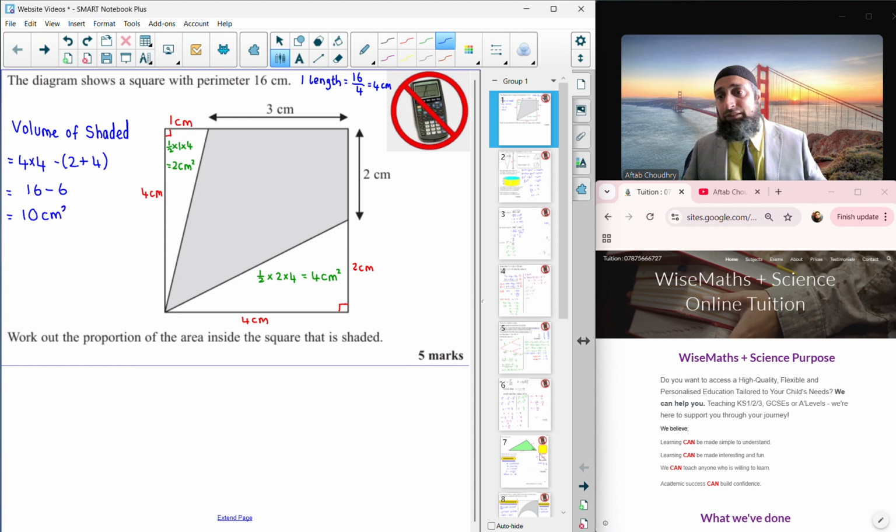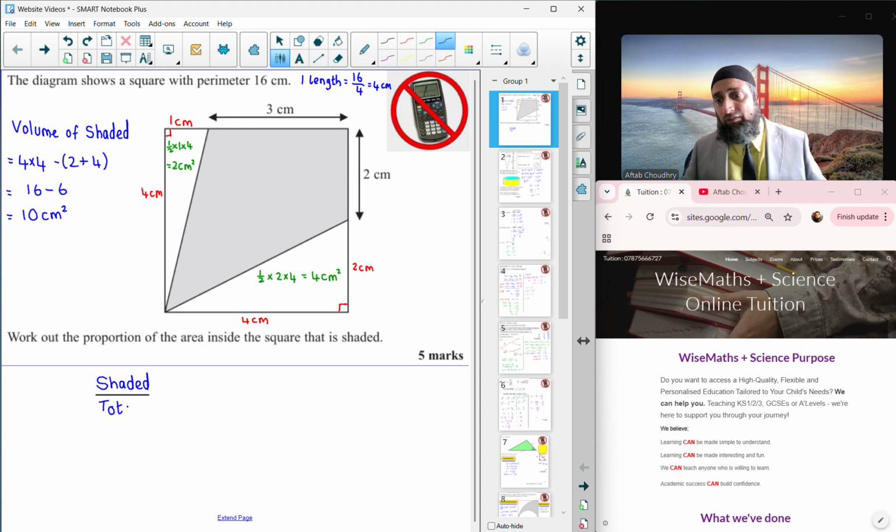centimeters squared. Now, to work out the proportion of the area inside the square, we're going to be doing the shaded part over the total area.